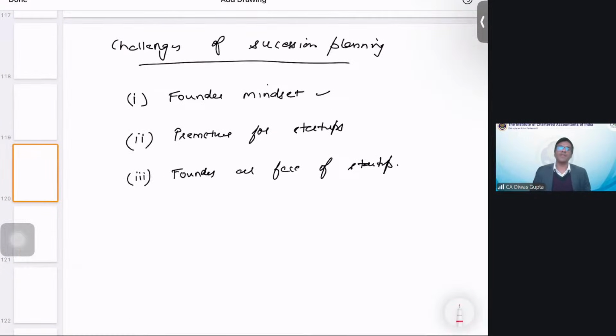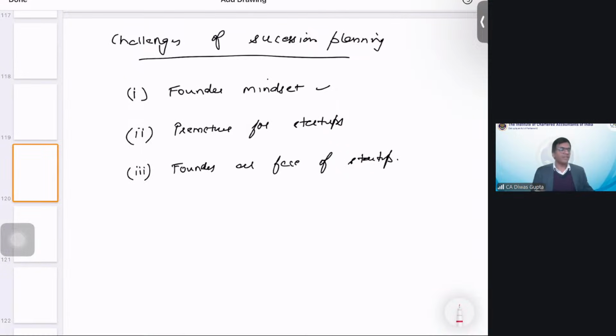Now, what are the challenges of succession planning? Whenever we talk about a startup, it always runs on the founder mindset, right? Because the decision making is generally concentrated with the founder, if they want to do it they will do it, if they don't want to they will not.